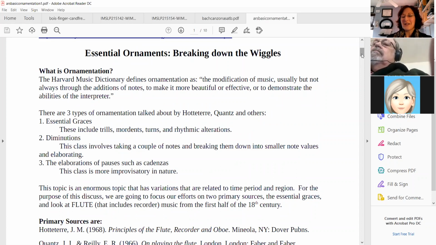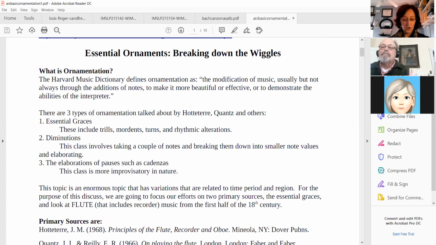There are 3 types of ornamentation that are talked about. Most of it is talked about in Hotteterre and Quantz, and others. The first category is the essential graces, and these are the ones we're going to talk about today. That includes trills, mordents, turns, and other rhythmic alterations. The second is a class involving just a couple of notes.